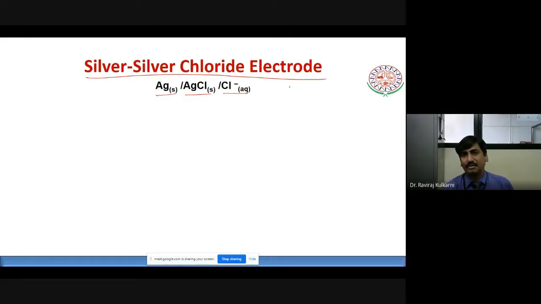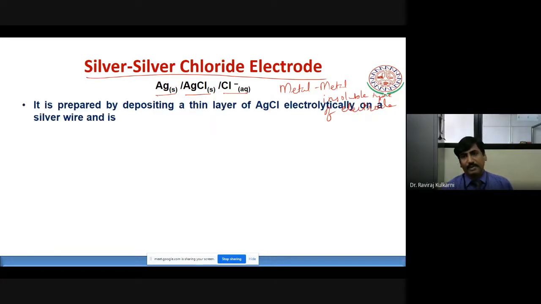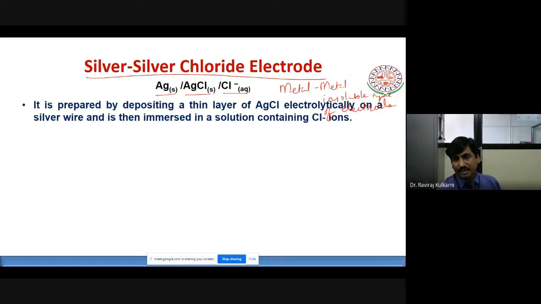It is also a metal insoluble type of electrode. It is prepared by depositing a thin layer of AgCl electrolytically on a silver wire, then immersed in a solution of Cl minus ions.